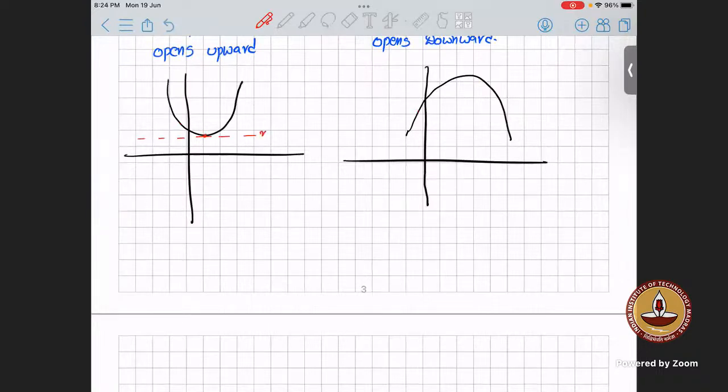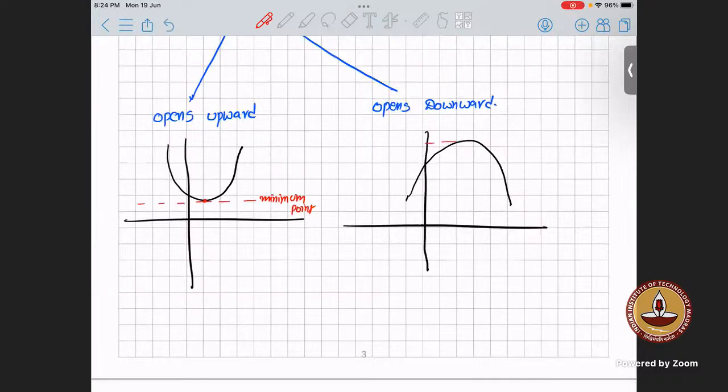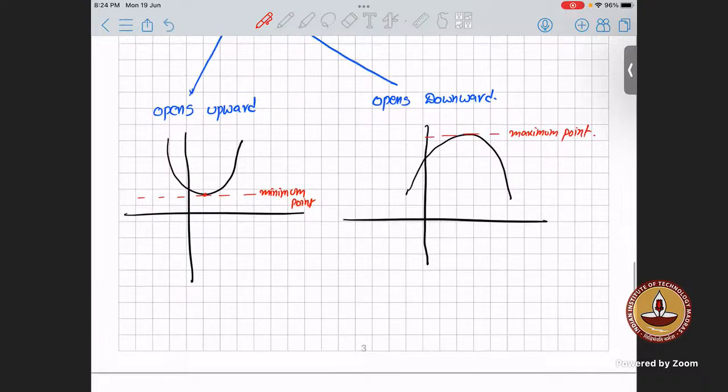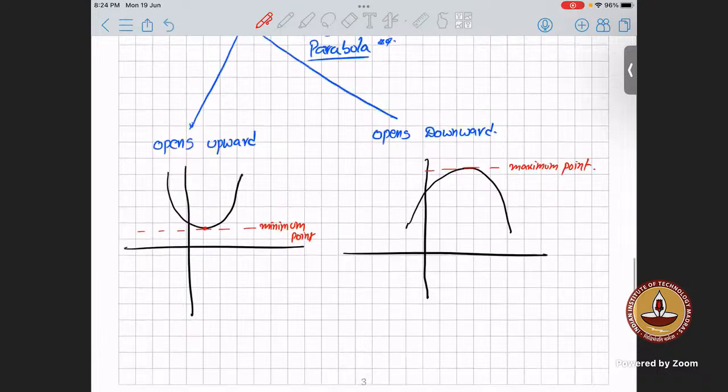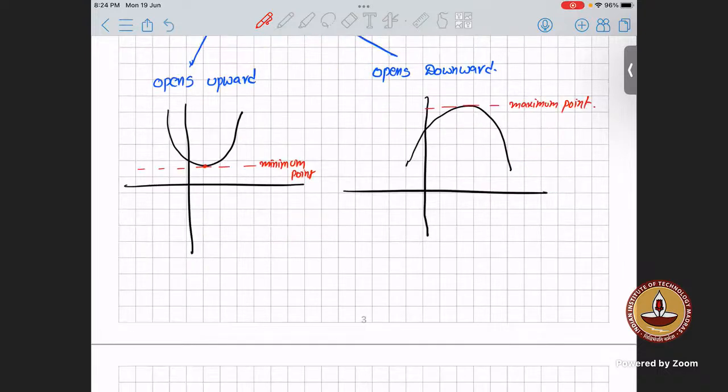This is the minimum point. This is the maximum point.